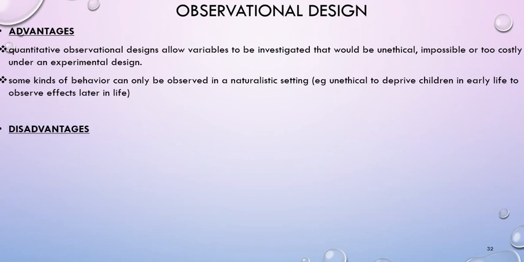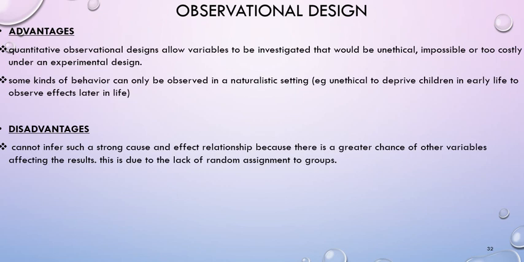Disadvantages. We cannot infer that A variable will cause this effect to the B situation. So we cannot infer relationships. It's the major psychological problem. Correlation does not mean causation.